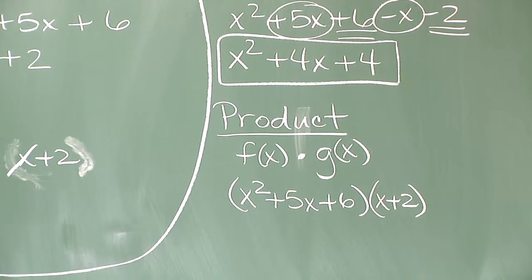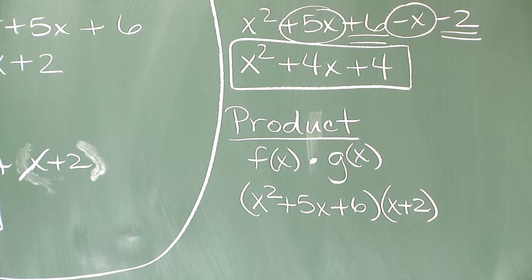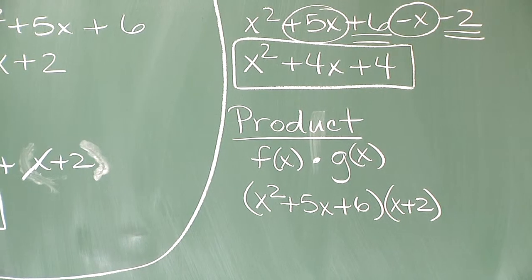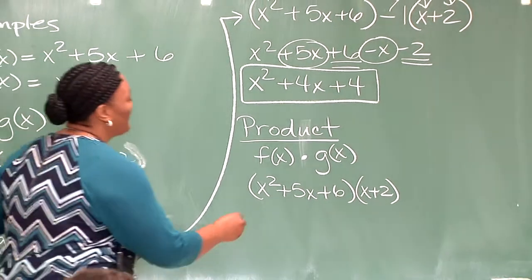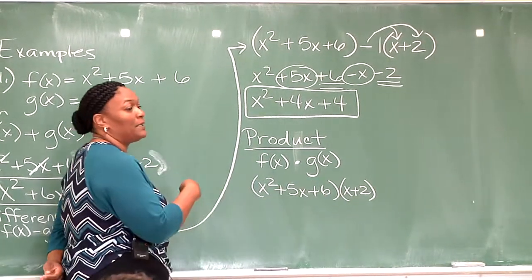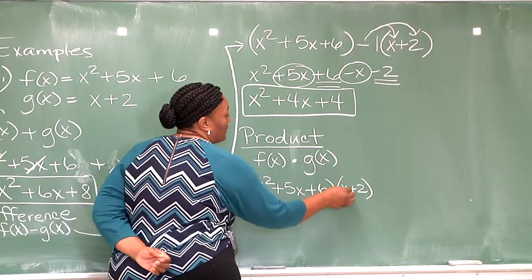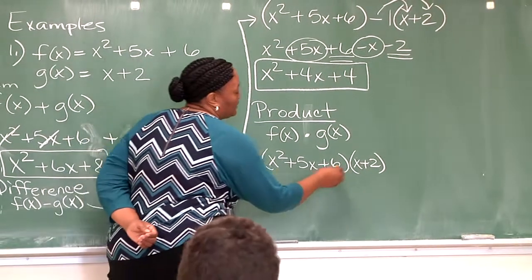Who would like to share with me what you think I should do to multiply? Or what would be an easier way, or something that you understand? Distribute? Is that what you're saying, Mateo? All right, so look, the distributive property tells you to take each one of these terms here and multiply it by every term in there. So watch what I do.